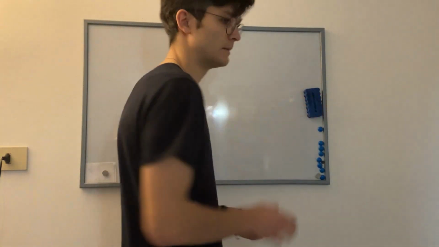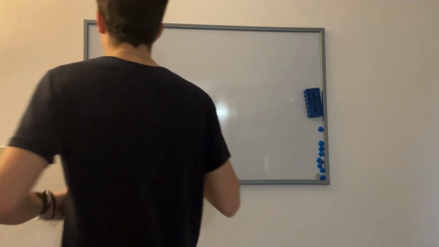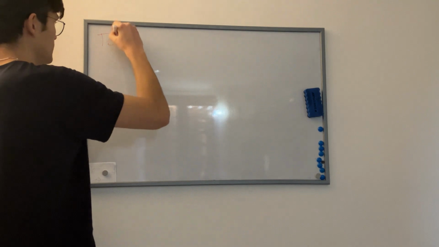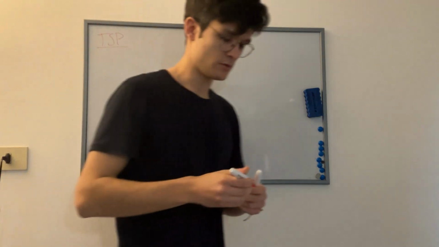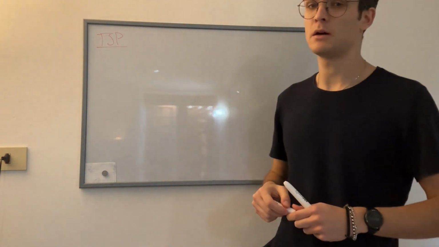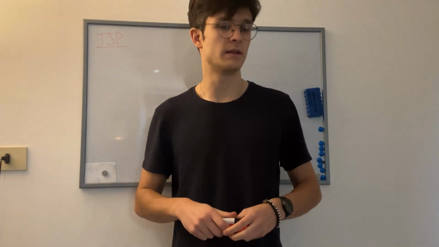Hello everyone. In this short series of videos, we're going to look at some approximation algorithms for the traveling salesman problem, commonly known as TSP. TSP is an NP-hard problem, so let's always keep that in mind.